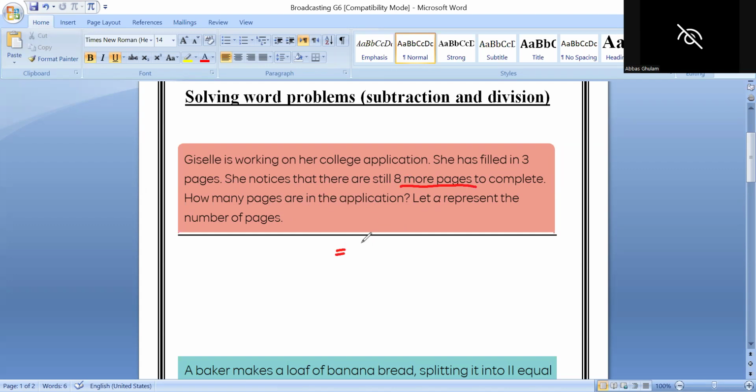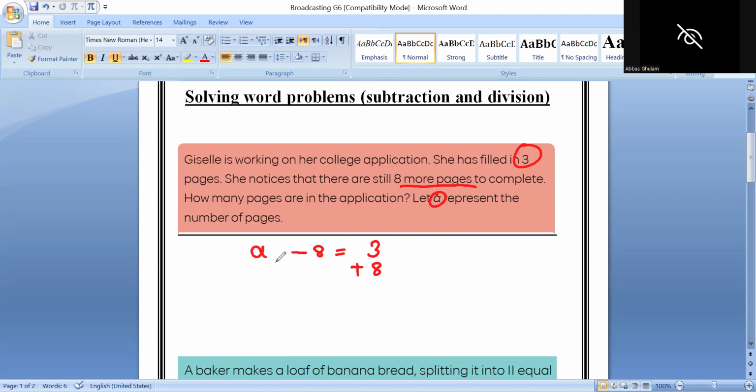We already know that she already wrote 3 pages, and how many are left? 8. If we add them, we will get the total pages. How many did she already write? 3. How many does she need to write more? 8. So I will write here plus. If I am writing plus, what is the inverse of the plus? Negative. I write here negative. What variable are we using for the unknown number?